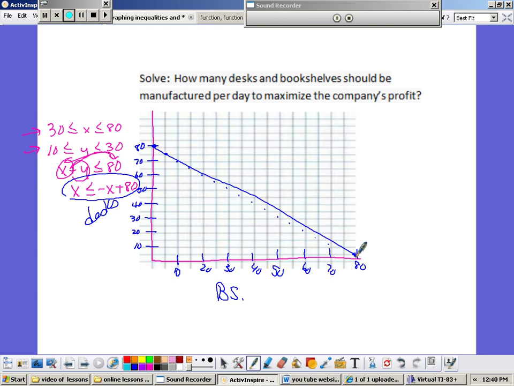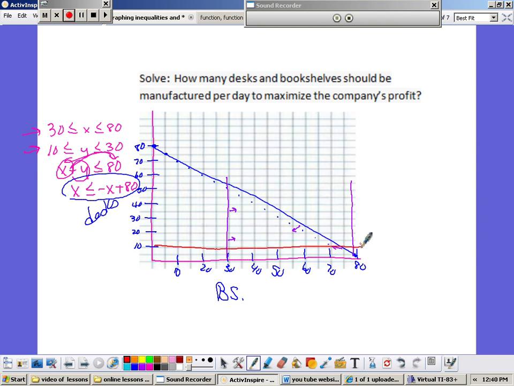Okay. I have vertical lines at 30 to 80, and they're solid. So I'm colored in here. And I have horizontal lines at 10 and 30, and they're solid.